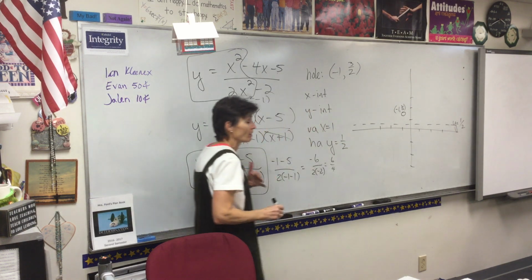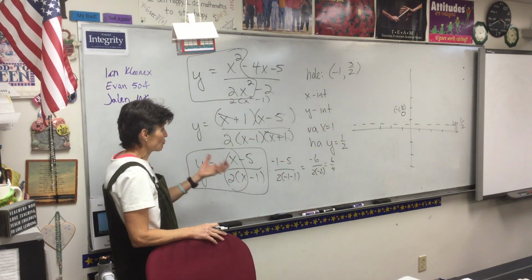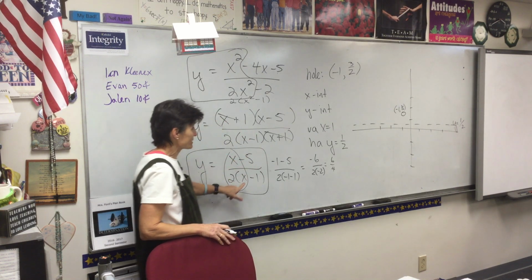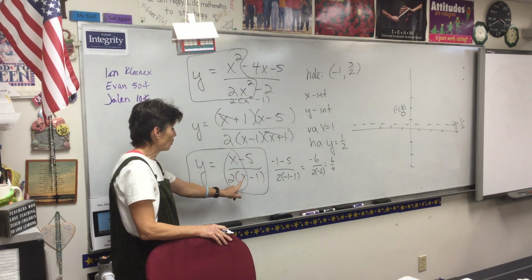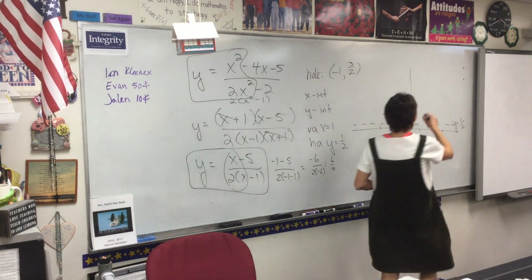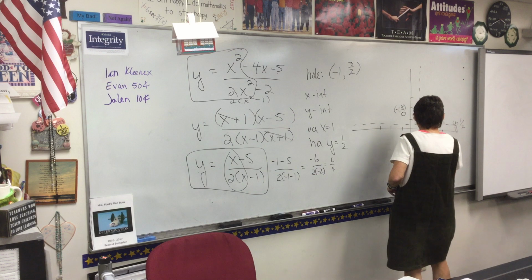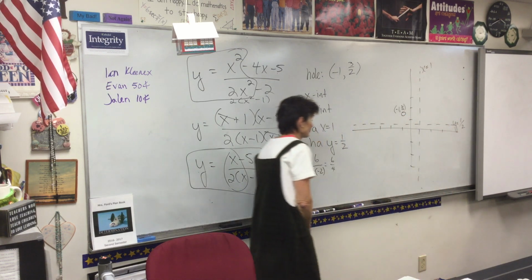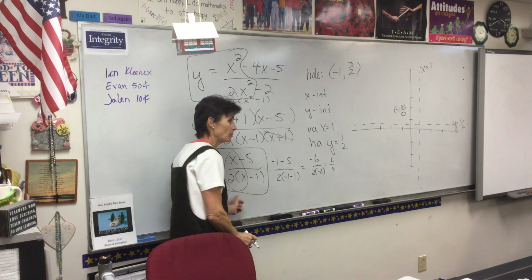Remember, these are equations. Make sure you're putting x equals or y equals. That makes the bottom 0. And anything that makes the bottom 0 is a vertical asymptote, in your final problem, that is.